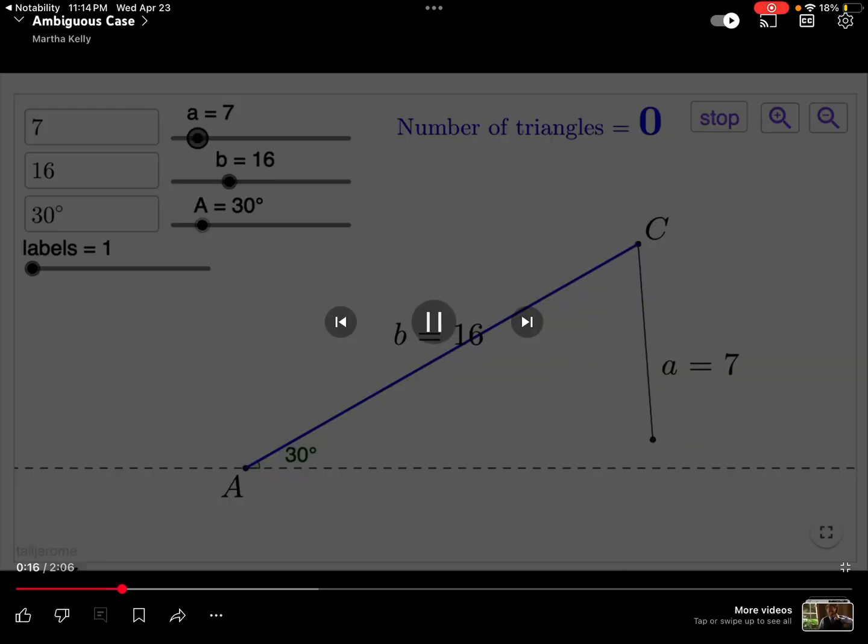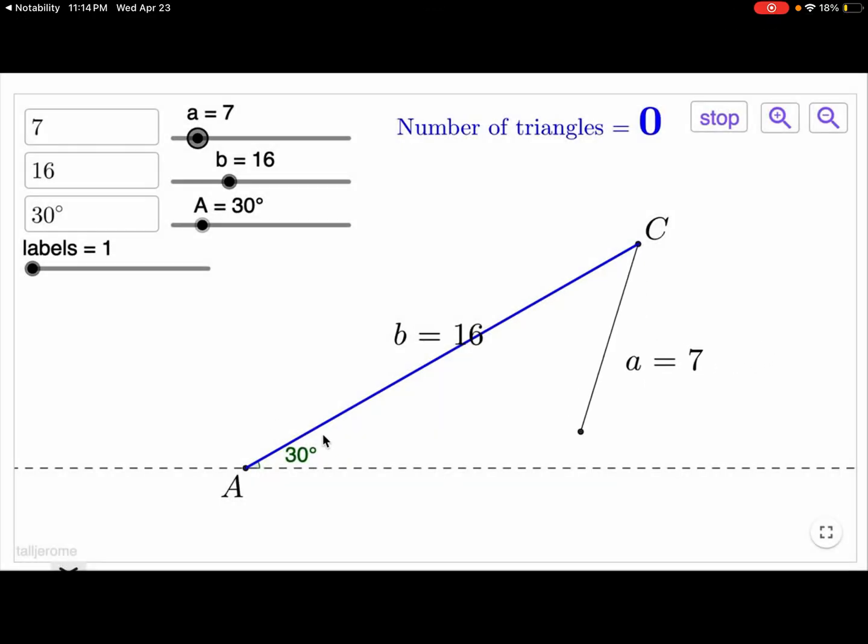So if you look in this case, we're given an angle, we're given a side, and then we're given a side, or SSA, however you want to look at it. So the angle is not the angle that's in between.